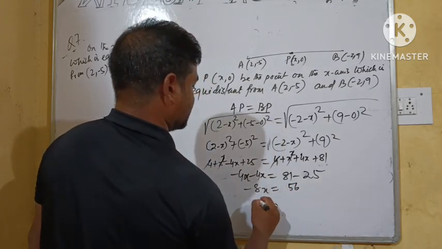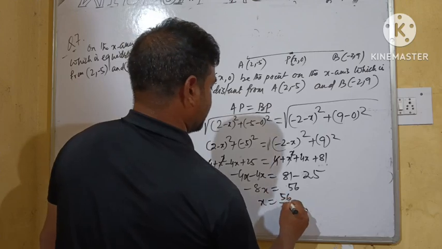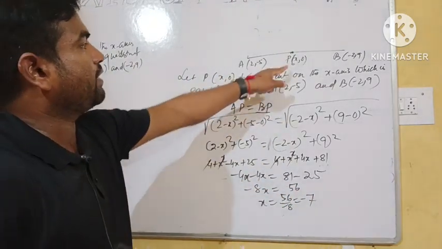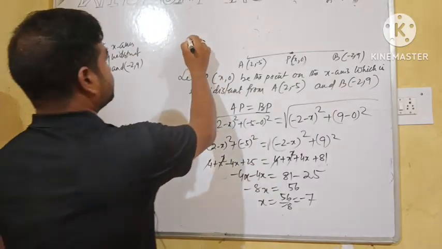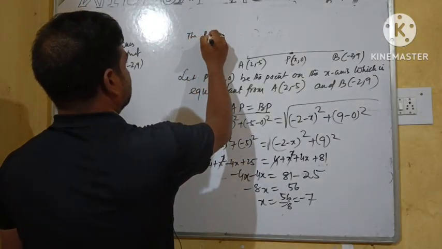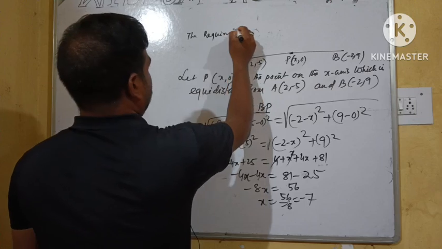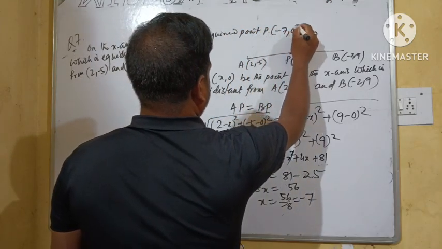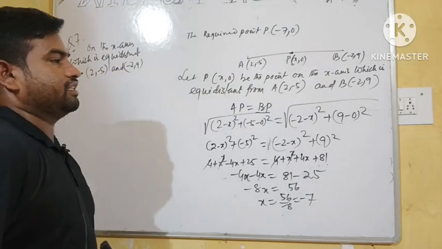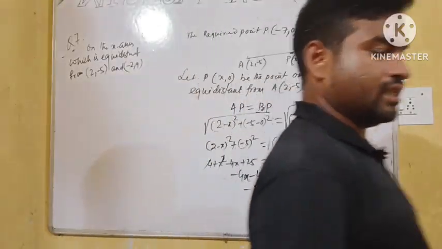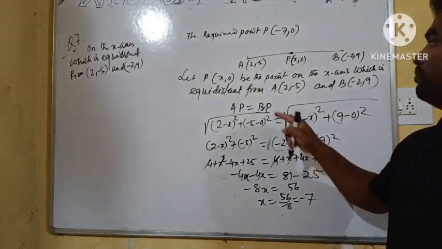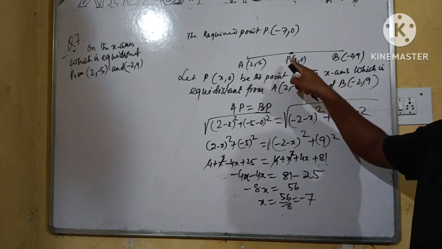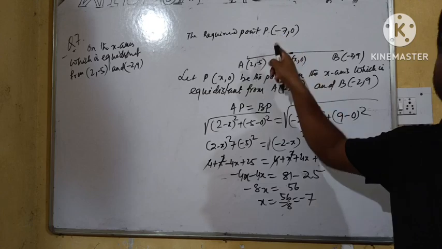So x equal to 56 by 8, which is 7. The required point P is (-7, 0) on the x-axis, which is equidistant from A and B.